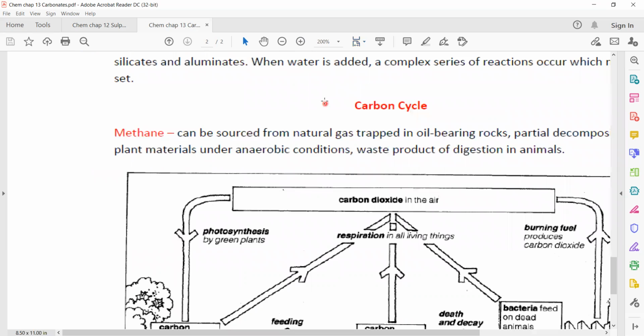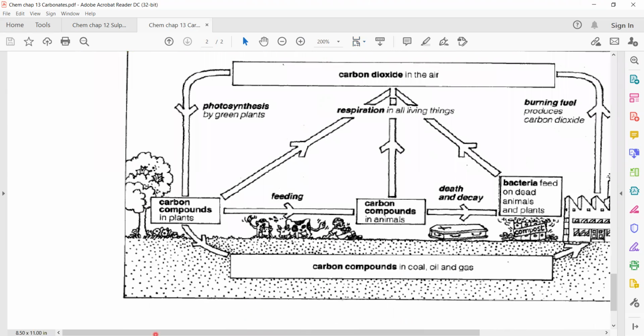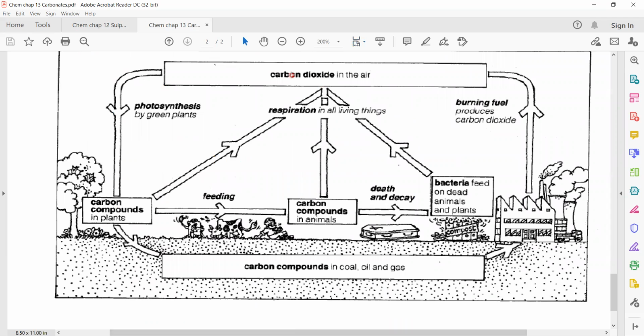Then the carbon cycle is there. The sources which are increasing the amount of carbon dioxide in the atmosphere, the activities. So if we start from here, photosynthesis, green plants absorb, but they also respire, so they release that carbon dioxide back. Or if these plants turn into fossils such as coal, oil, and gas, and we use them as a fuel, so we release carbon dioxide to the atmosphere.